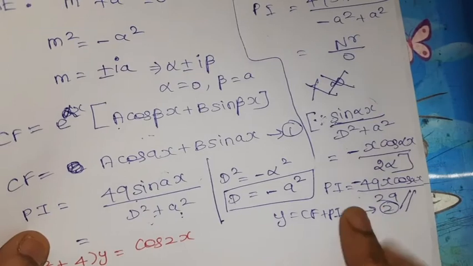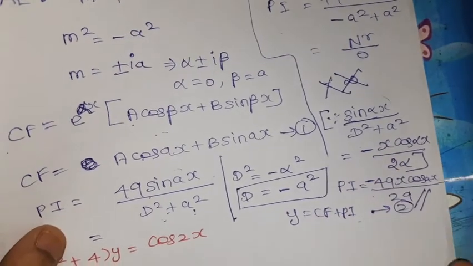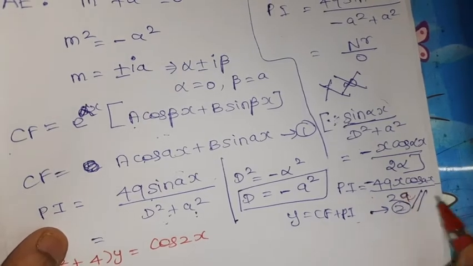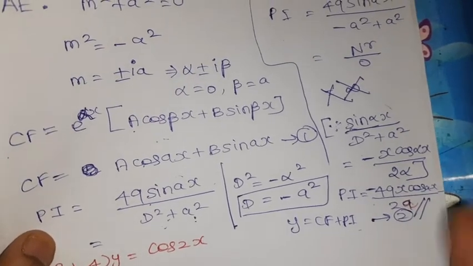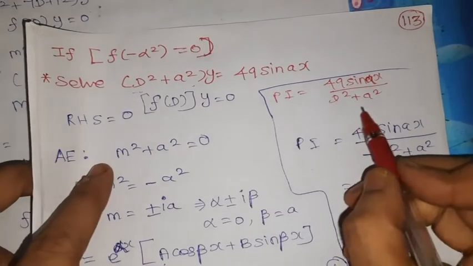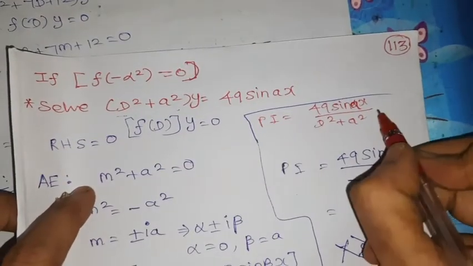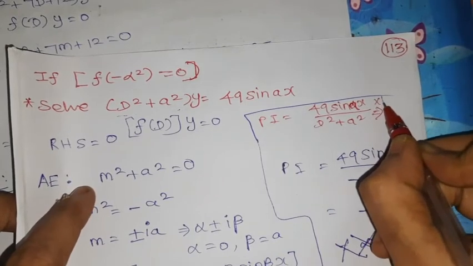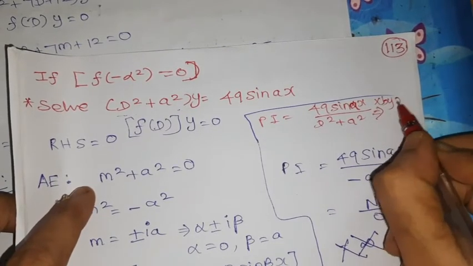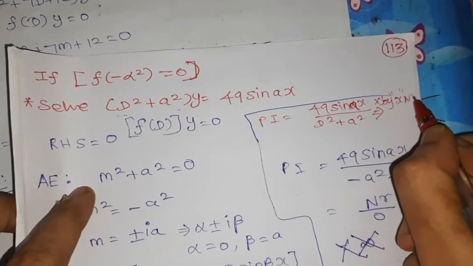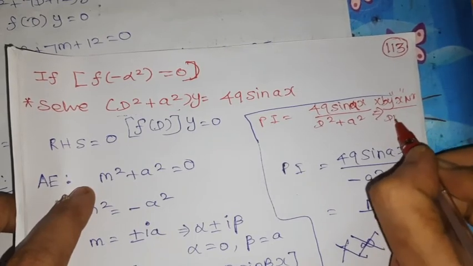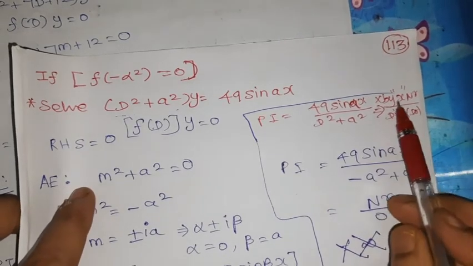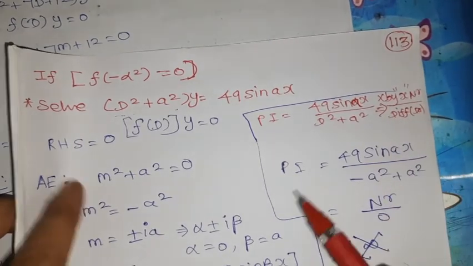If we forget it, whenever the denominator is 0, this is the shortcut: multiply by x in the numerator and differentiate the denominator.